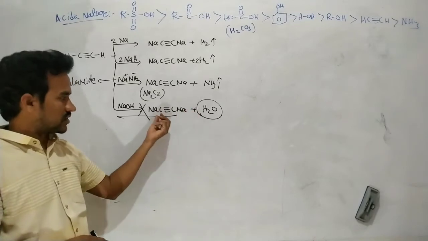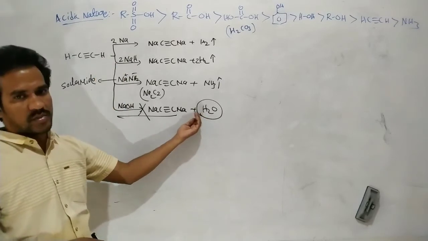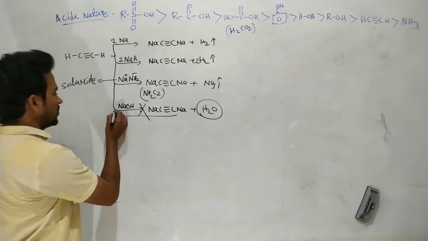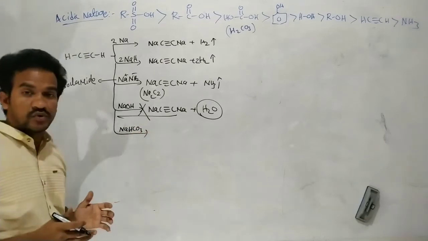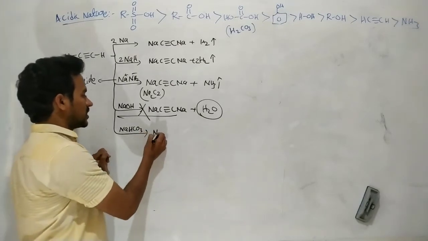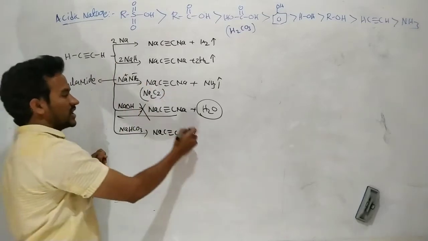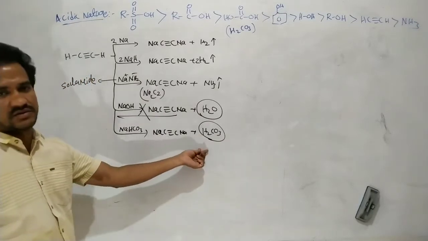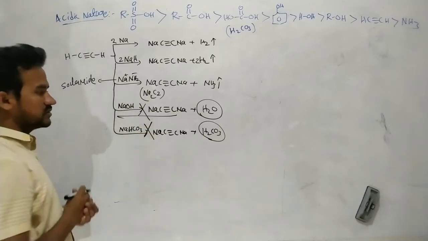So the backward reaction takes place, but not the forward reaction, with NaOH. Now this also does not react with sodium bicarbonate; sodium bicarbonate is not decomposed by acetylene. Here HCO3 minus, if it accepts the H plus, becomes H2CO3, which is a stronger acid when compared to acetylene. So the backward reaction takes place and there is no forward reaction.